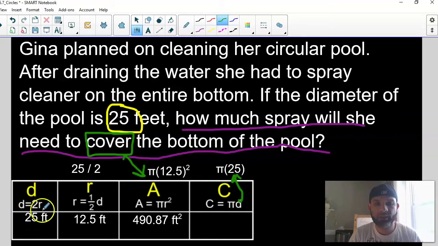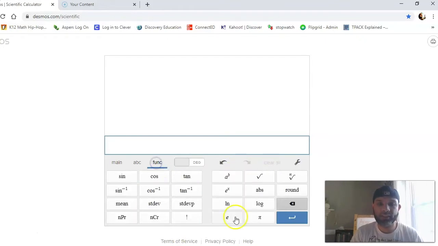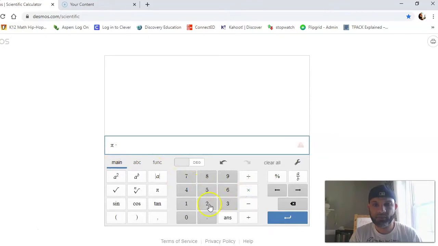And we know that our diameter is 25. So pi times 25. So we go to our Desmos calculator here, pi times 25, and we hit the equals button, or we don't have to, it's already calculated for us.